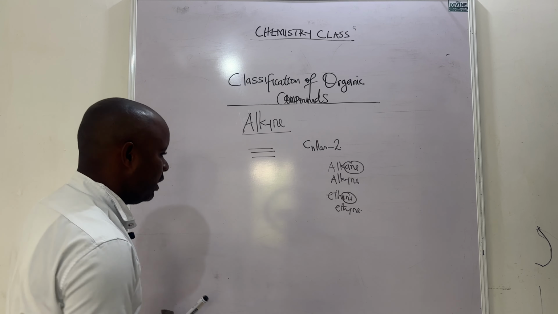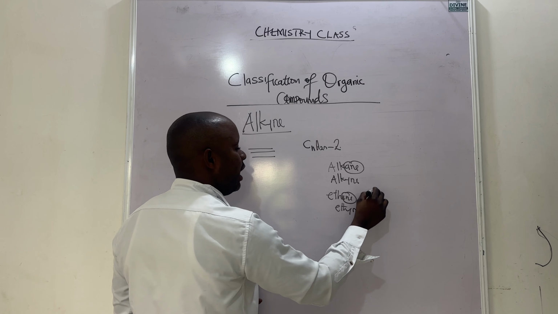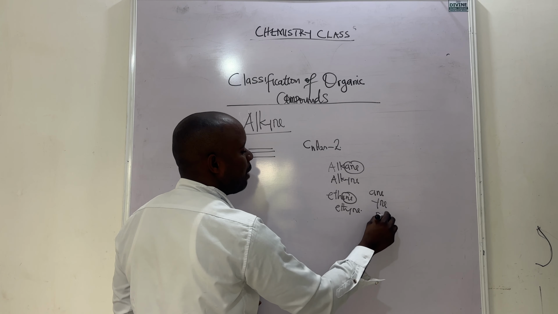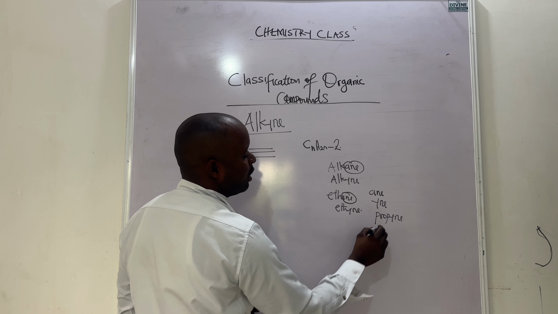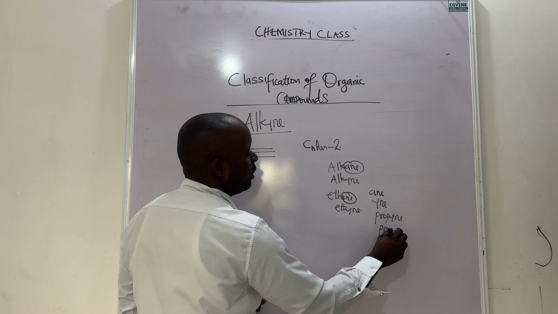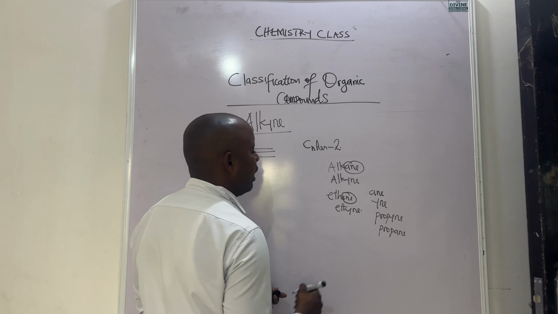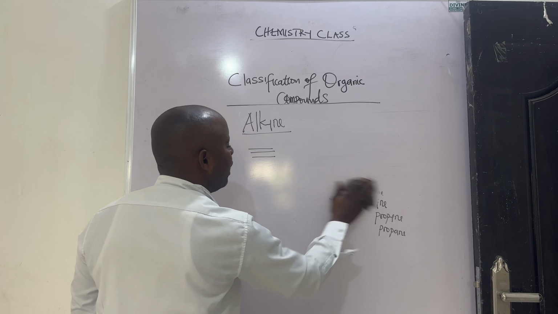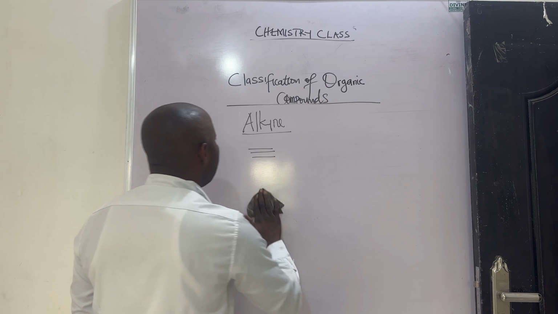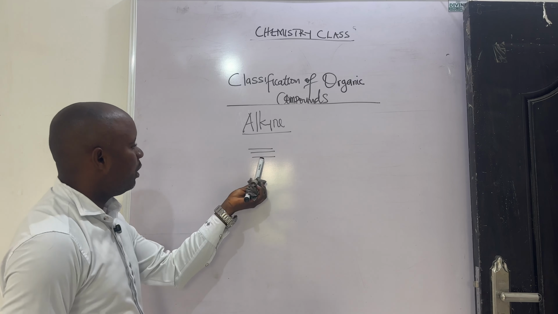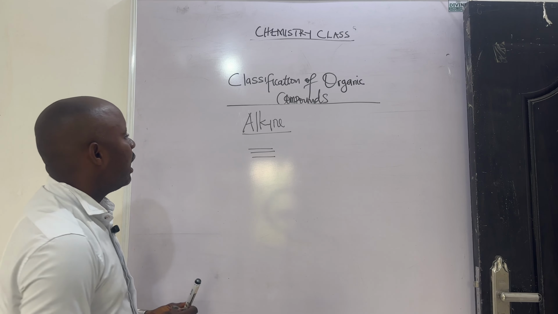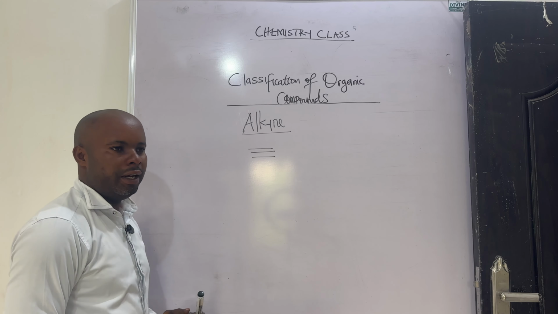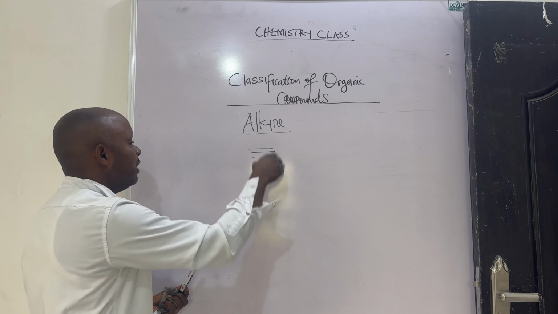Each of the members remains the same, but we change -ane to -yne. So we are going to have propyne instead of propane, and so on. What is common to this organic family is that they have a triple bond. They are given by that formula, and they undergo simple reactions like the alkane.